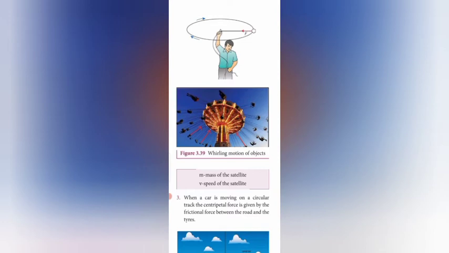In the third, the car is moving on the track, and the frictional force between the surface of the road and the tire of the car acts as the centripetal force. And the last one, the planet in orbit around the sun, also has the gravitational force acting as the centripetal force.